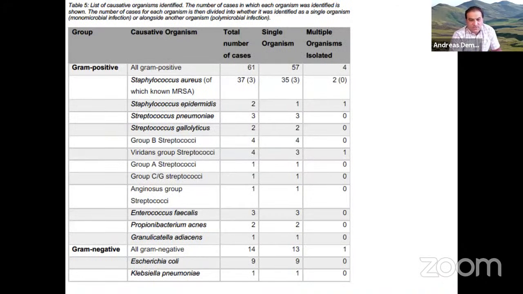As for the organisms, John already mentioned, most often found is a Staph aureus, but here I can show you the other actual organisms that were grown. 61 cases had gram positives, 57% were only a single organism, and only 13 cases were a single gram negative organism.